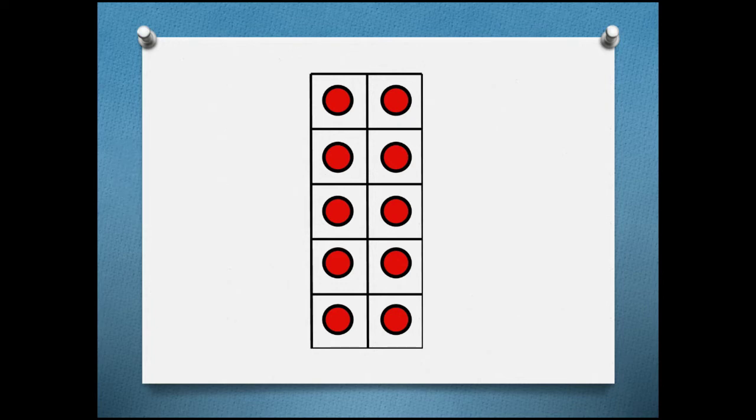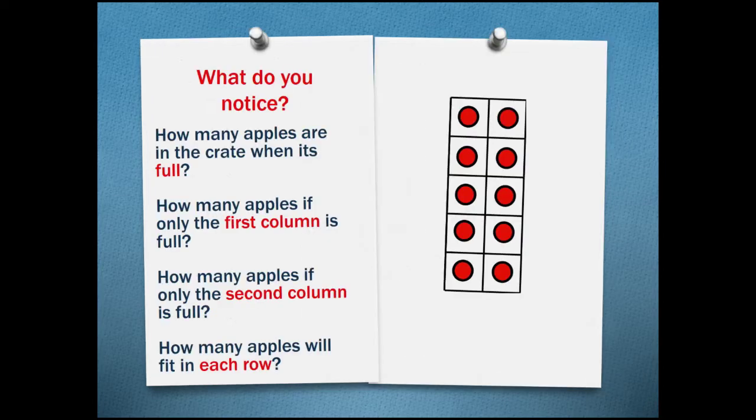Okay. So once we have this, then we can ask students what they notice about the crate. And you can imagine what students might say. Typically, they will say things like, well, when it's full, there are 10 apples. Or if they don't say that, you can ask that question, how many apples are in the crate when it's full?